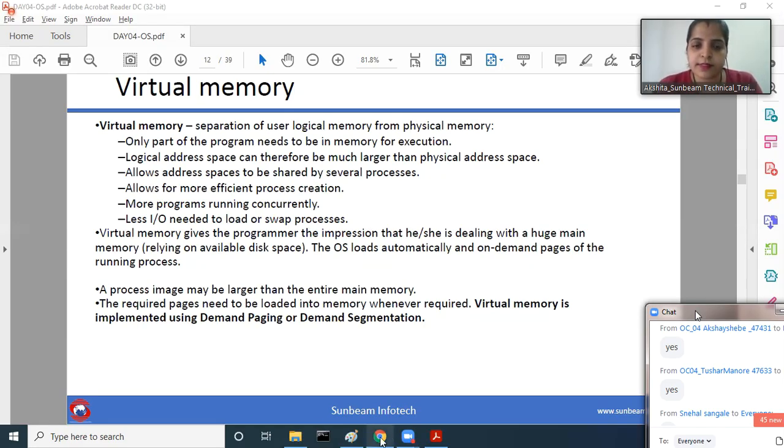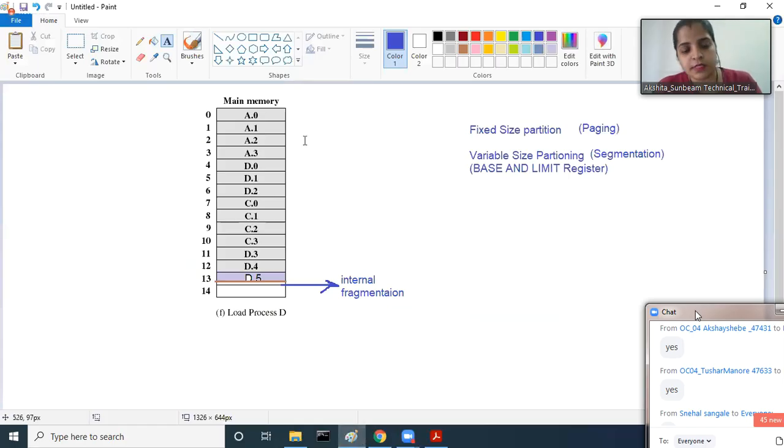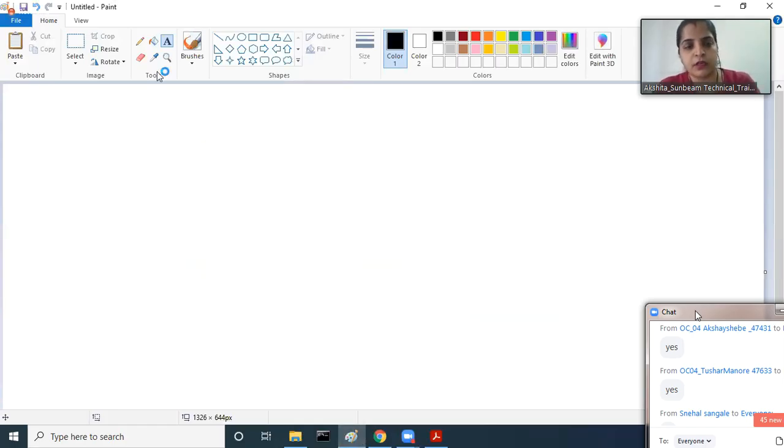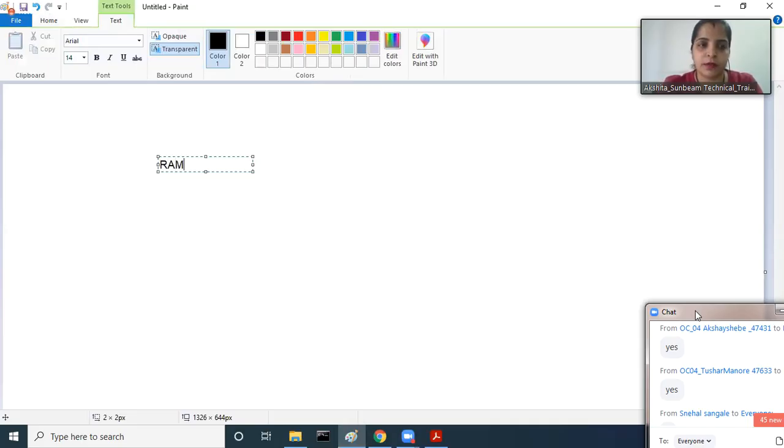Now, for example, if I have a RAM, a main memory, of 4 GB, assume, right? So as a user, I know that I am using my RAM, which is of 4 GB, correct?